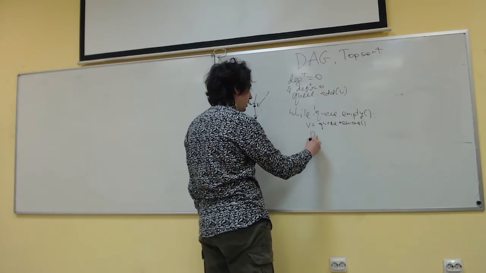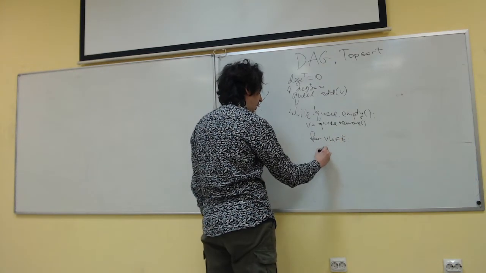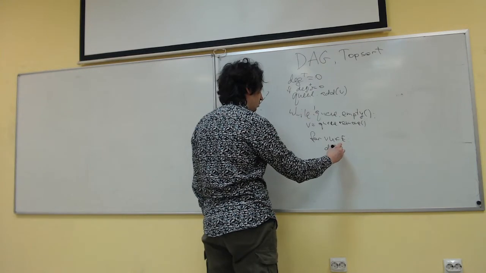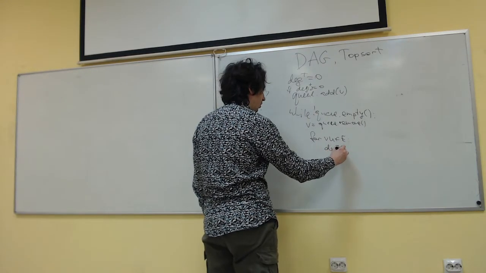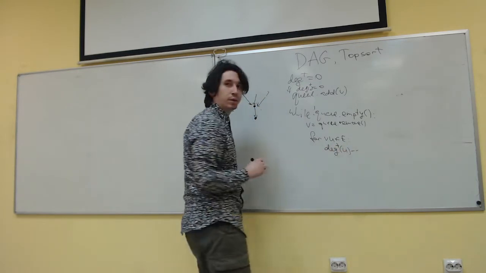And then you iterate over all the neighbors and reduce their degree by 1.